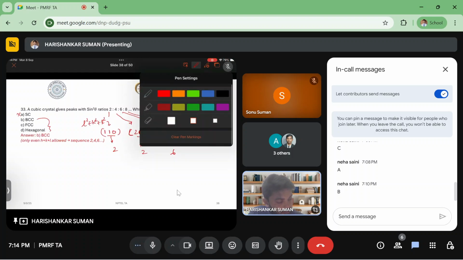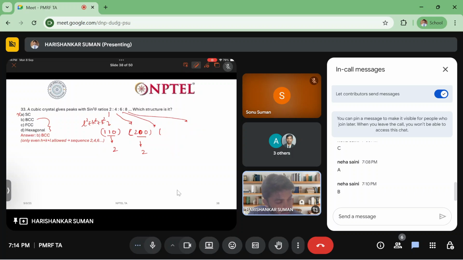We made a mistake here. This is 6, sorry. We have 6. 2 square is 4. Then 5, then 6. Then the sum of these is also even.